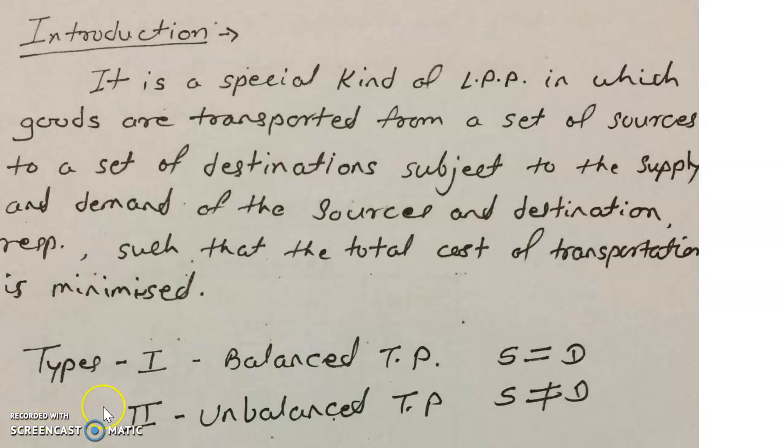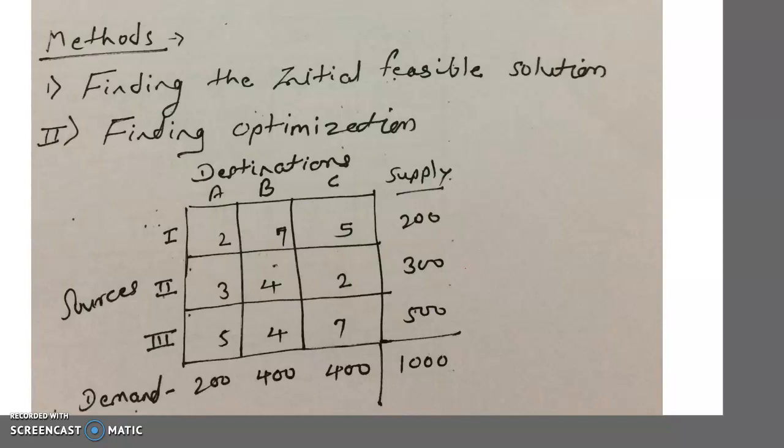The second type is unbalanced transportation problem, where supply is not equal to demand. In solving a transportation problem, there are two steps. The first one is finding the initial feasible solution, and the second one is finding the optimization.